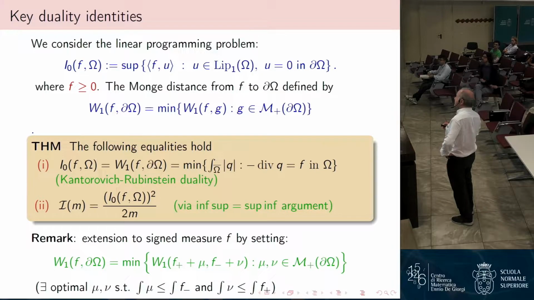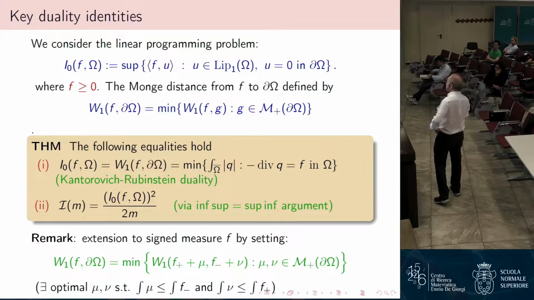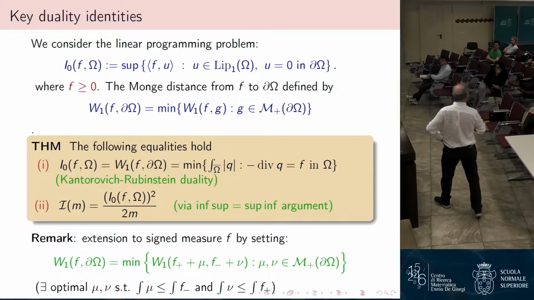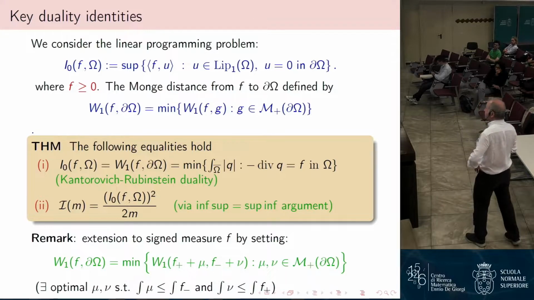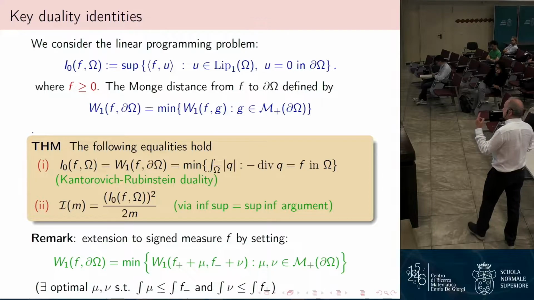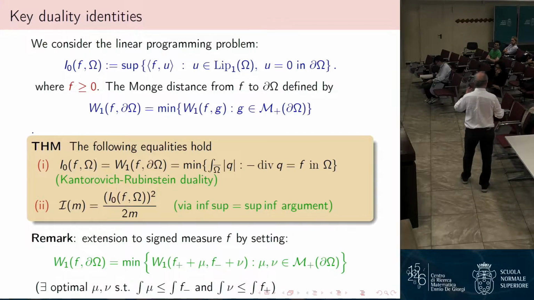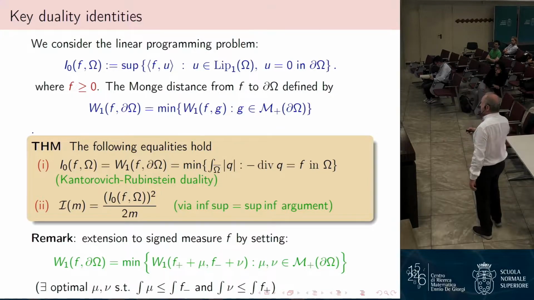And you dualize this: you minimize the total variation of a vector measure whose divergence is equal to F in the sense of distributions on omega. So you have an infimum and a supremum, you can switch infimum and supremum, and you establish this equality very easily.